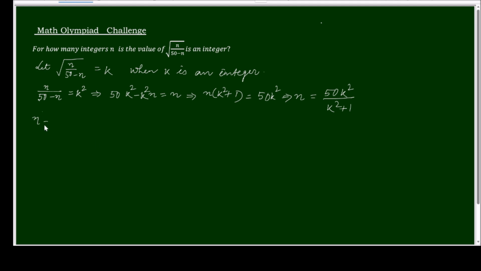That is n equals 50 minus 50 over k square plus 1. Since n is an integer, 50 by k square plus 1 must be an integer.